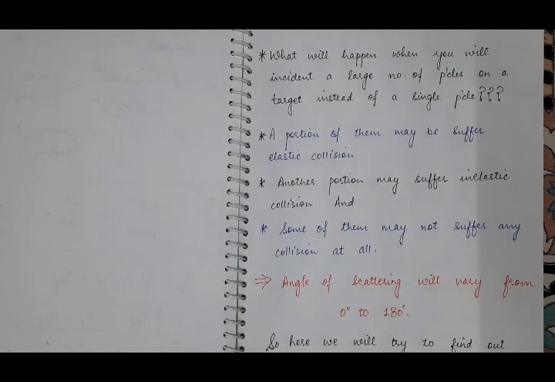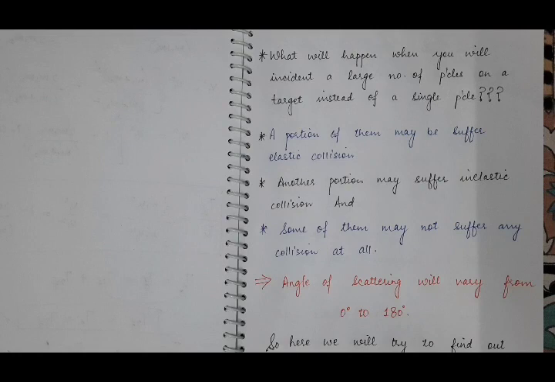And the particles which suffer head-on collision, what will they do? They will be back scattered. So the angle of the scattered particle with the direction of the incident particle in that case will be 180 degrees. So the angle of scattering will vary from 0 degree to 180 degrees.